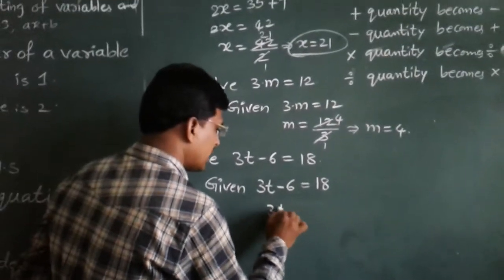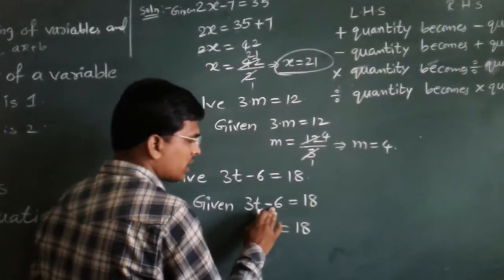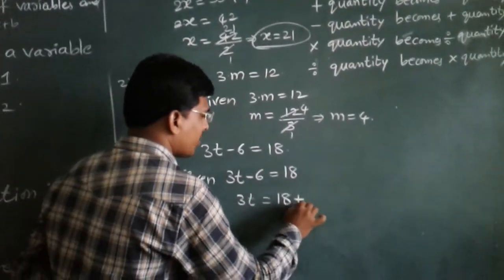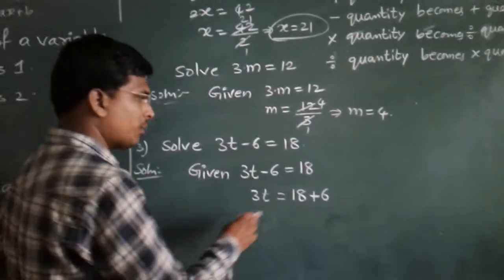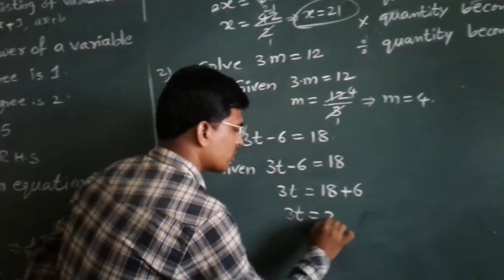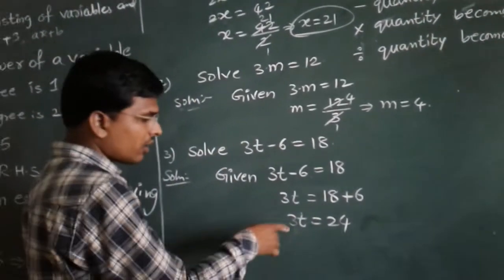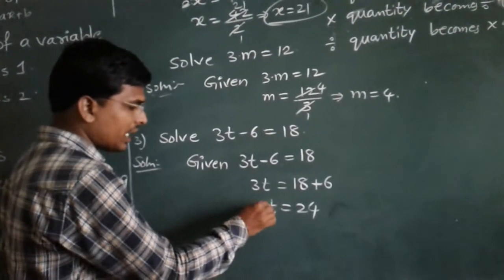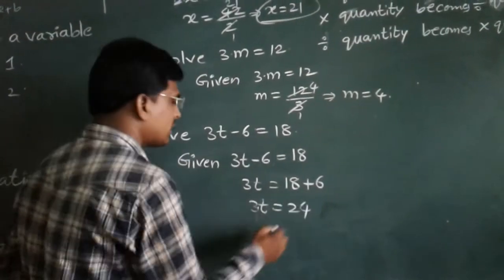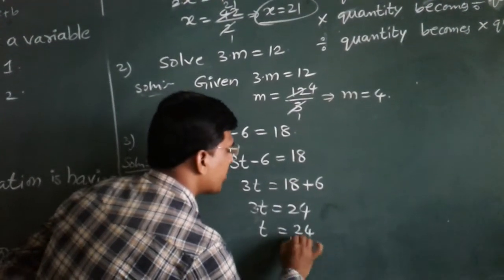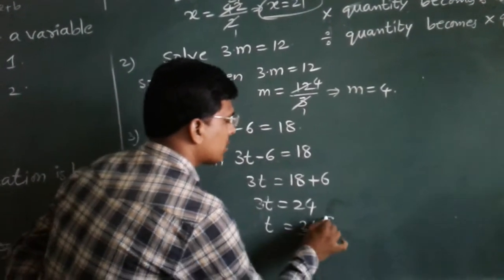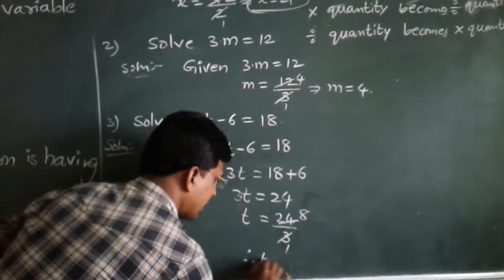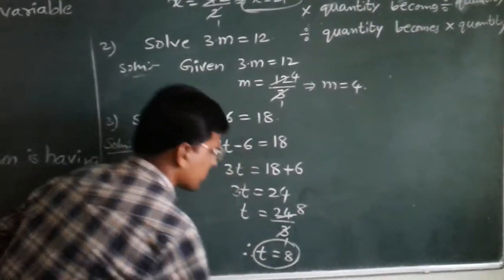So 3t = 18 + 6, since a minus quantity going to the right hand side becomes a plus quantity. So 3t = 24. Here between the 3 and the variable t we have the into sign. If it goes to the right hand side it will become divided by. So 3 ones are, 3 eights are. Therefore the t value is 8.